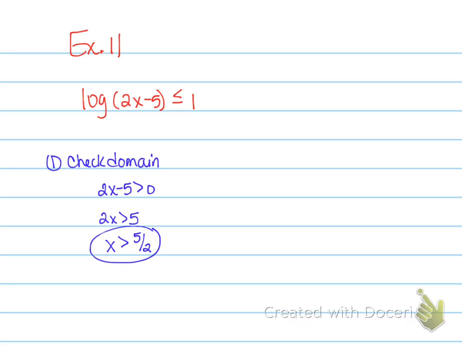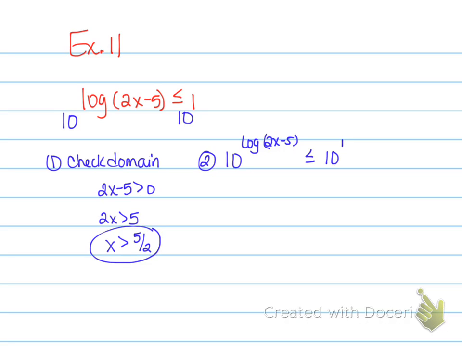Something we're going to do here that makes it a little bit easier is because we know that this is a common log and it's base 10. There's a rule that tells us that I can give both of these sides a base of 10. So when I do that, I'm going to get 10 raised to the log base 10 of 2x minus 5, less than or equal to 10 to the first.